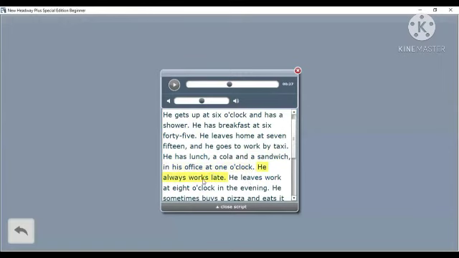He always works late. He always works or continues working late. Okay, so he always works late.